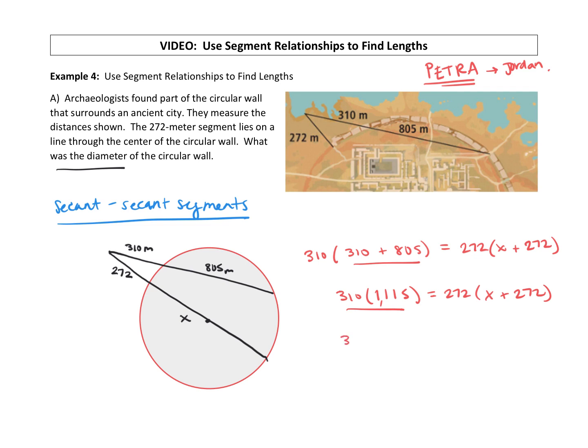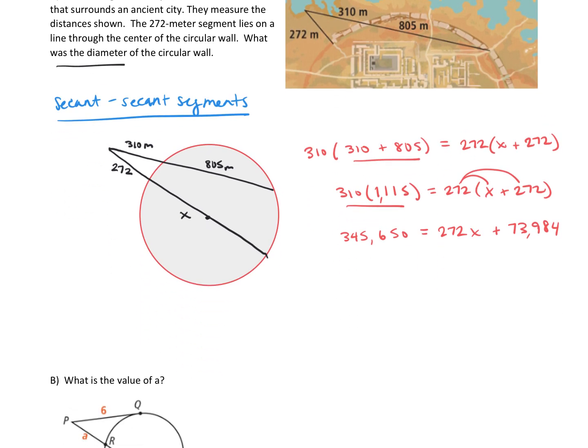That is 345,650 equals, now let's go ahead and distribute over here, 272 times x and then 272 times another 272 is going to be positive 73,984. Why are we working with such big numbers? Well, this is a real life example, and this is just how big things are.